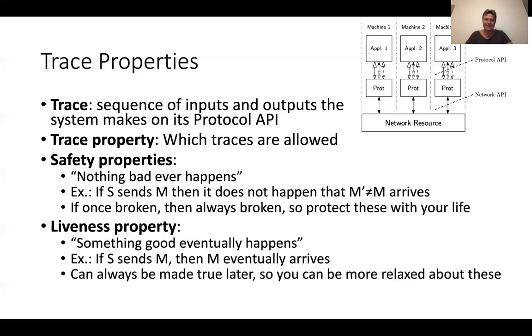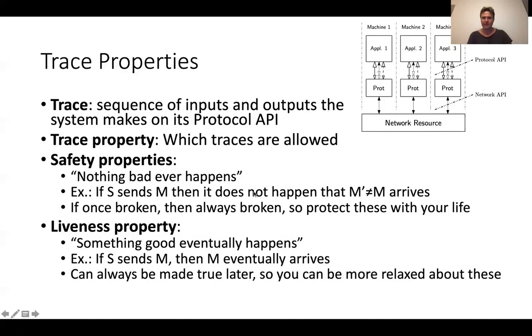A very clean way to define what a safety property is to say it's something that is true for the empty trace. So when nothing happened, all safety properties are true. It's, for example, true in the beginning that it never happened that a message was sent and a different message delivered, because no messages were sent. Right? So safety properties are something that's true at the beginning of time, and once they become false, they are false forever.